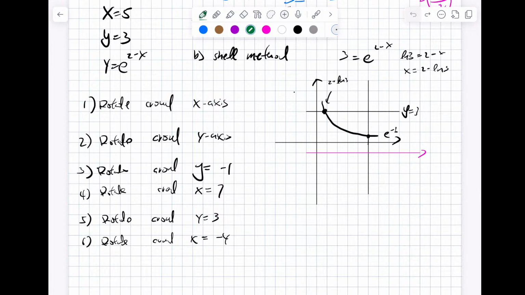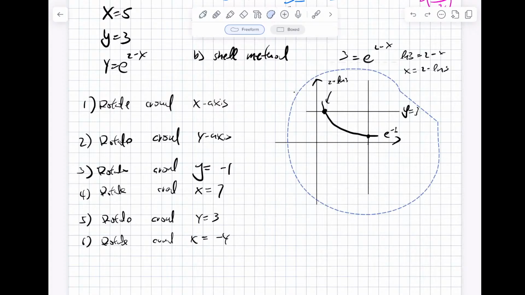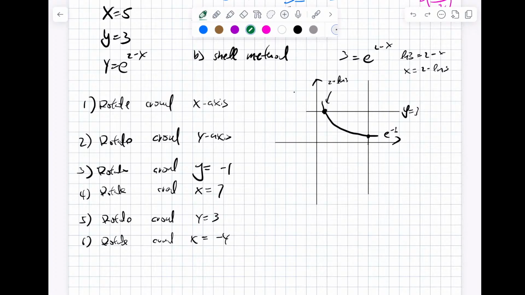Let me copy it here so I don't have to recopy it. The outer bound is going to be from here to here, which is the big R, and we know the big R is equal to 4. Is that okay?